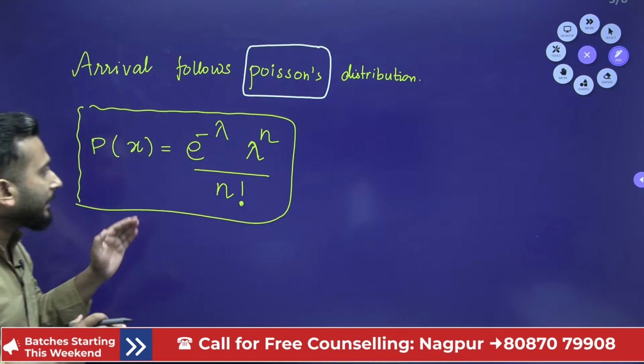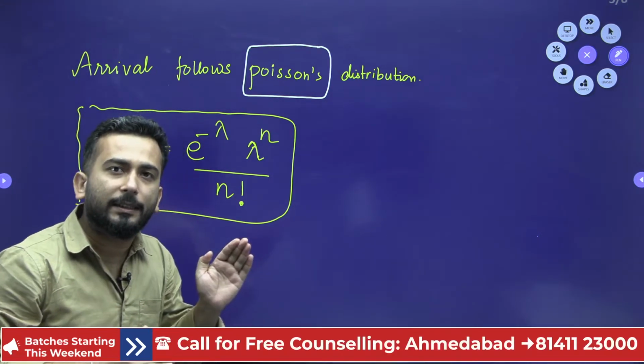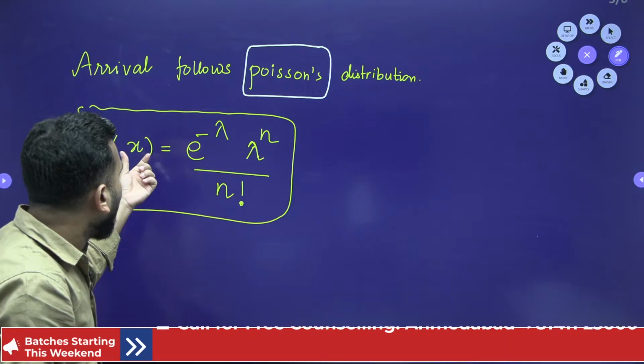This is giving you the probability of x arrivals.